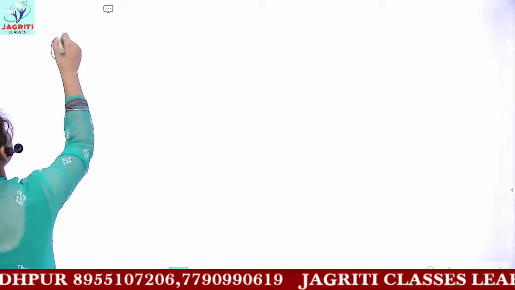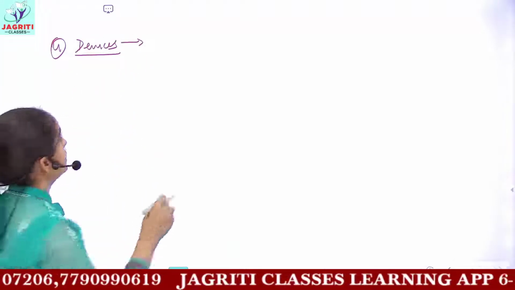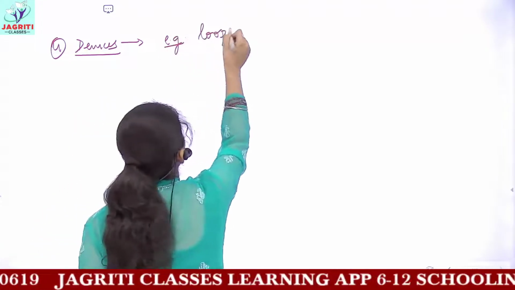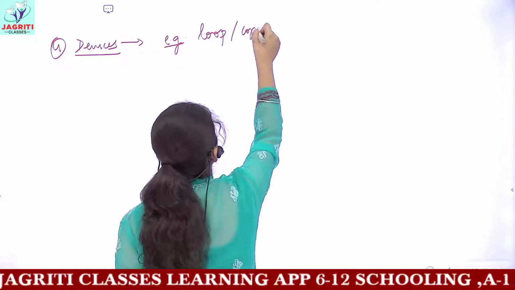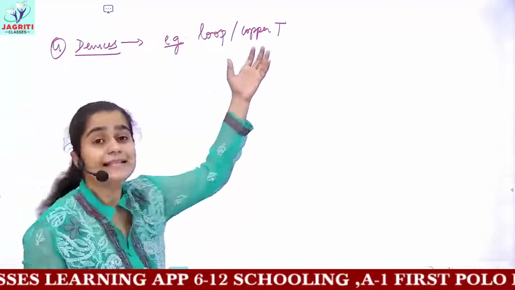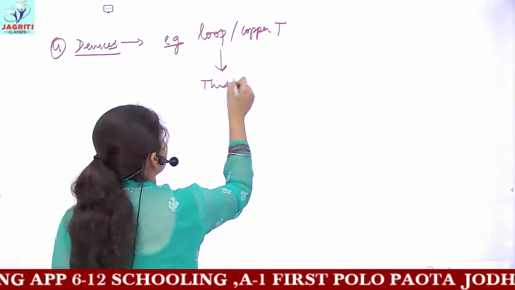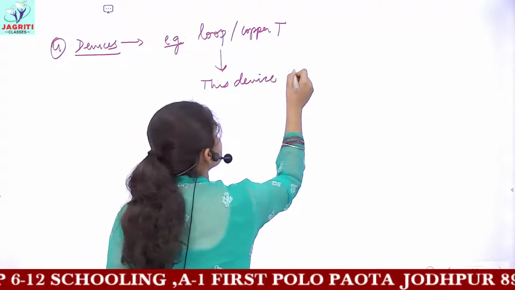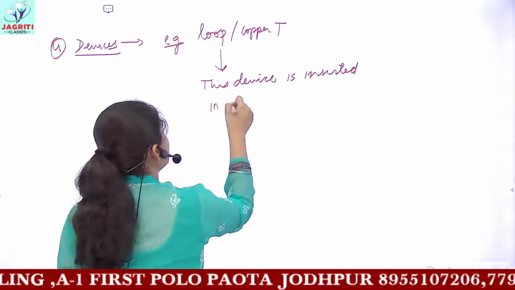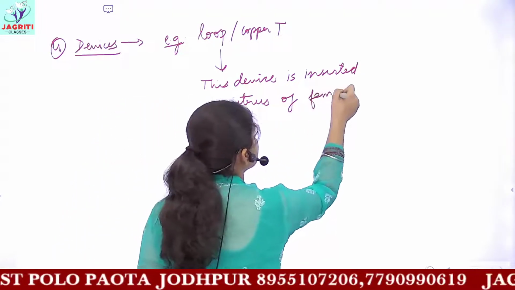So the fourth category would be use of different devices for contraception, and the example given is loop, or you can say copper T. Copper T is a T-shaped device which is inserted in the uterus of females.